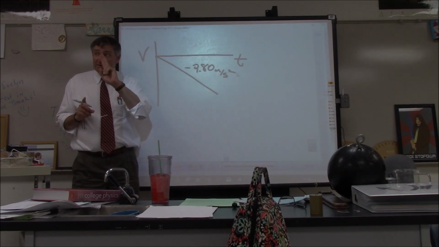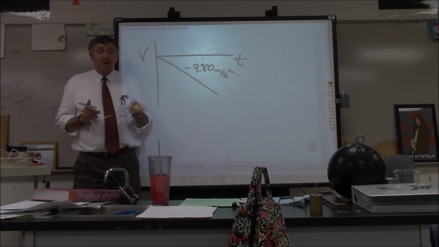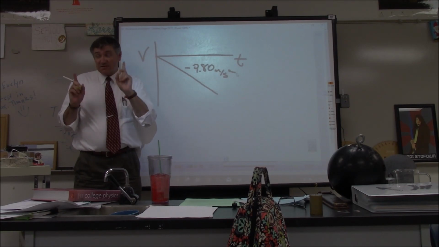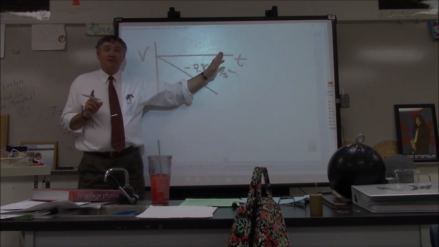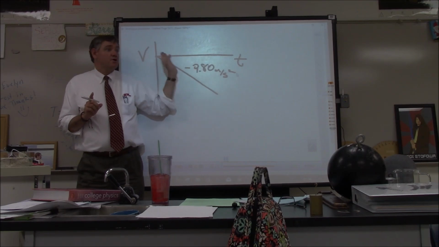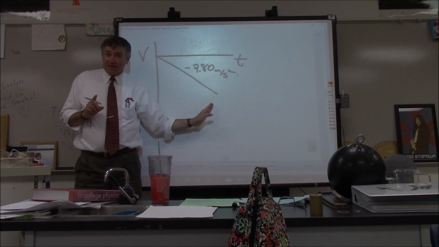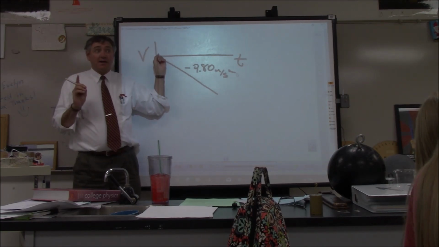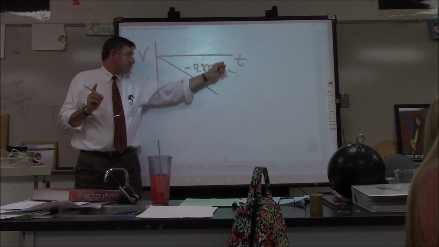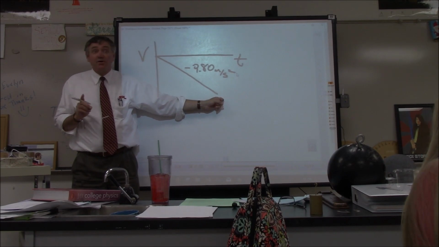You can kind of think of it like you're at the mall and you're shopping. And the rule is at the mall, this is the gravity mall. The rule of the gravity mall is that for every second that you're in the store, you have to spend $9.80. So if you walk in the store and you have no money, at the end of 1 second, how far in debt are you? $9.80.